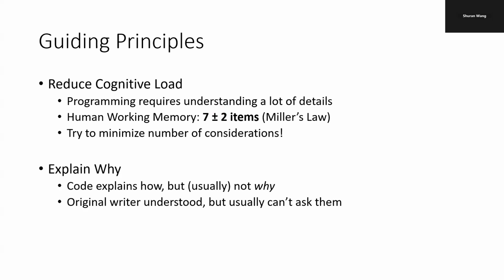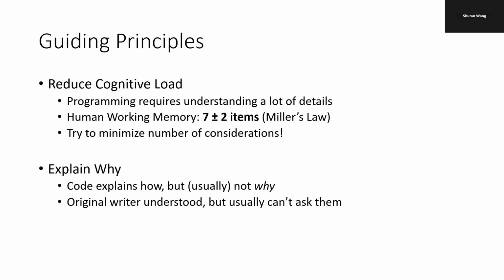So when you're writing code, after your function has more than 7, more than 9 variables in scope, you'll start forgetting some of those and you'll have to constantly go back to where you declared them. And trust me, that's true, even if you haven't encountered anything like that. So try to minimize the number of considerations while you are writing the code, and this will really increase your productivity.